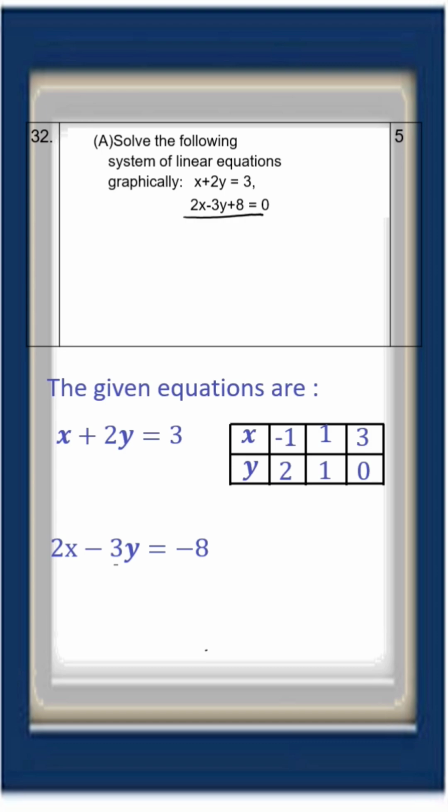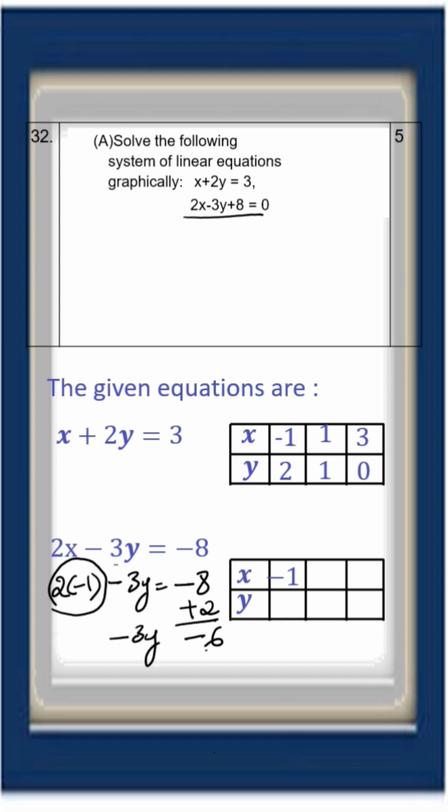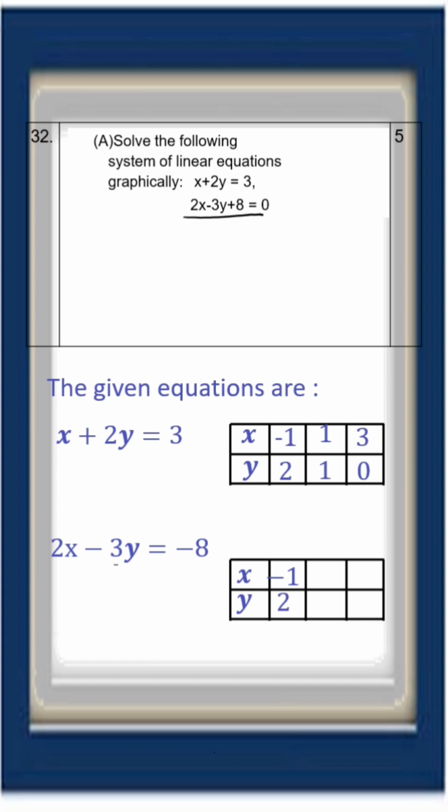Now let us form the table of values for the equation 2x minus 3y is equal to minus 8 for x and y. Now let the value of x be minus 1, then 2 into minus 1 minus 3y is equal to minus 8. If we transpose minus 2 this side, what will happen? Plus 2. So this is minus 6, minus 3y is equal to minus 6, y is equal to 2.